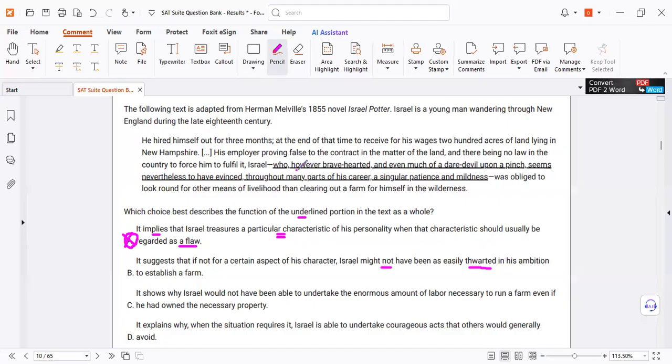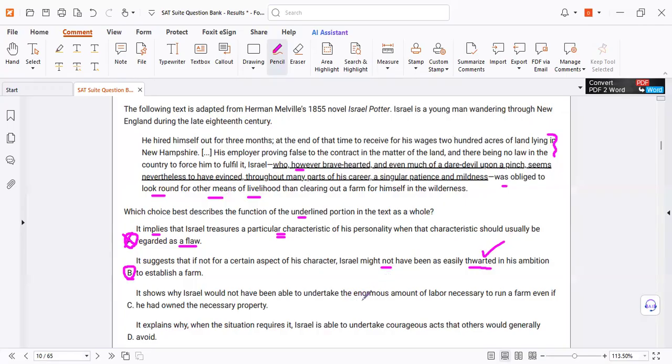Look, however means opposite to the previous. The previous man didn't give him his right. However, he was obliged to look around for other means of livelihood. So letter B is correct. He never stopped. He is not disappointed.